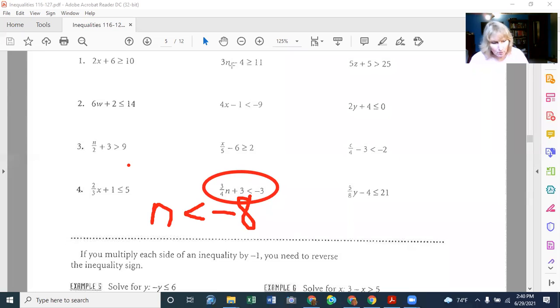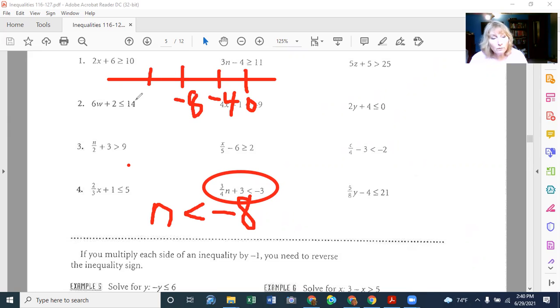So let's draw a number line and graph that. So we will start with 0 here, and then we'll go by 4s, -4, -8, -12, and then we'll go -16. And we could go farther, but you'll get the point.